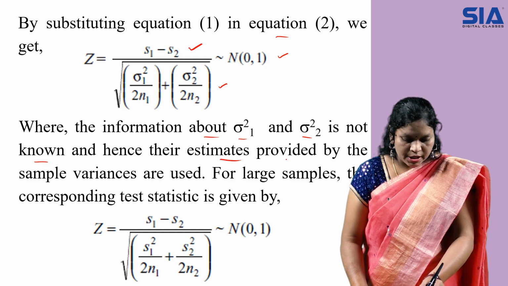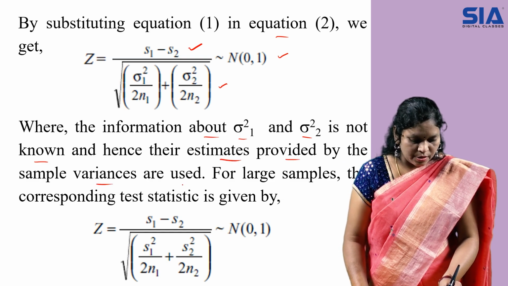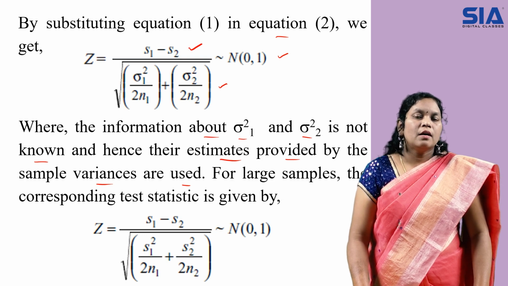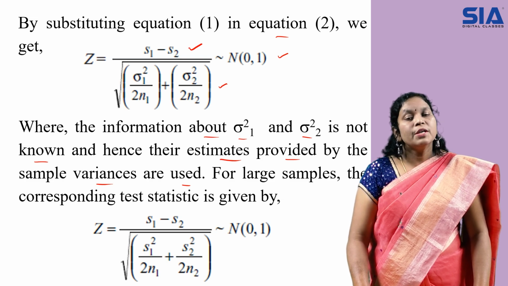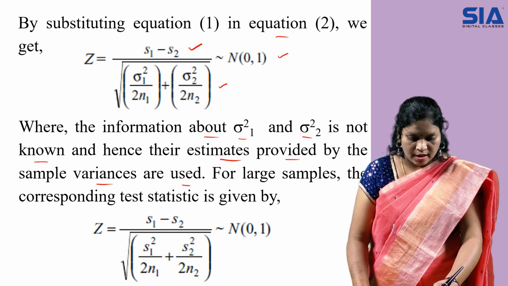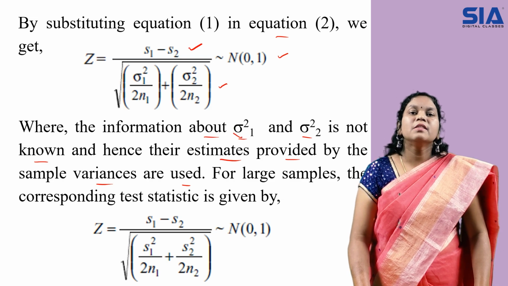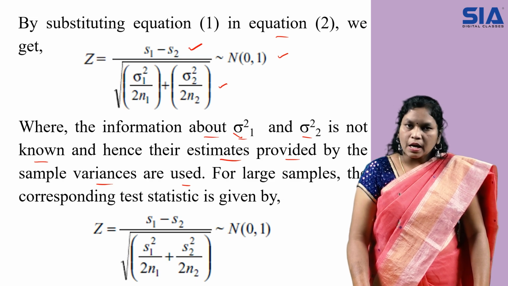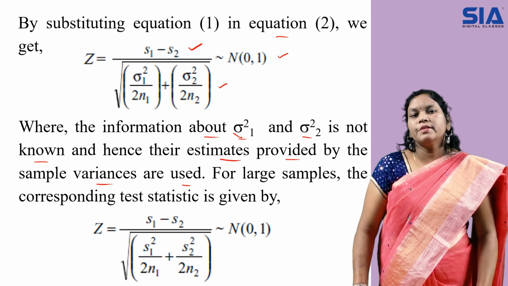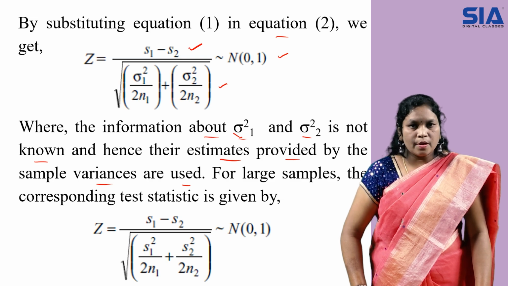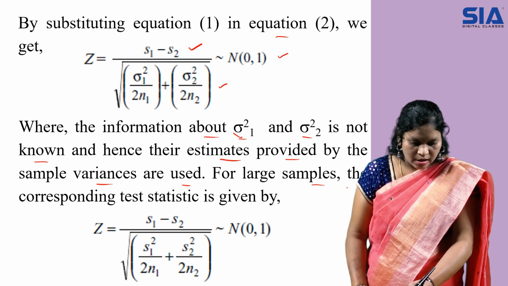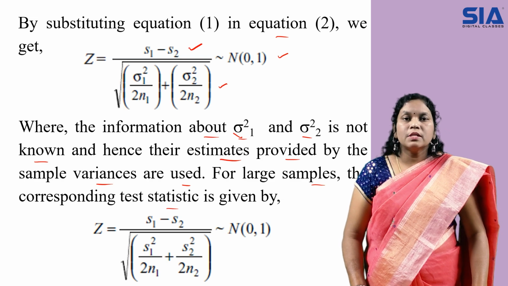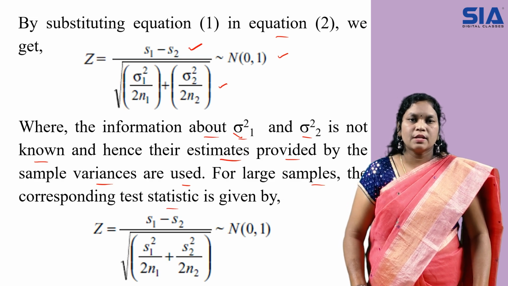And hence their estimates provided by the sample variances are used. So sample variances are available to us, and we don't have standard deviations or population variances. We don't have sigma square, which is the population variance. Instead of population variance, if we have sample variance or standard deviations with us, let us check how the formula will change. For large samples, again the corresponding test statistic is given by, instead of sigma 1 square, I have S1 square, that is the sample variance.